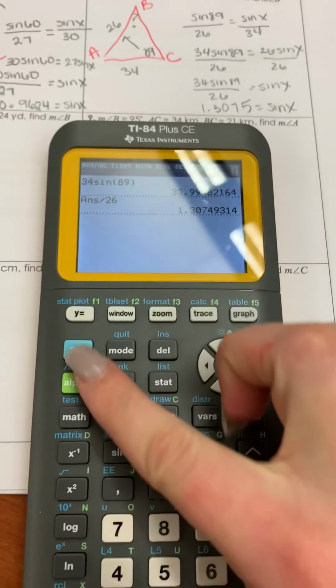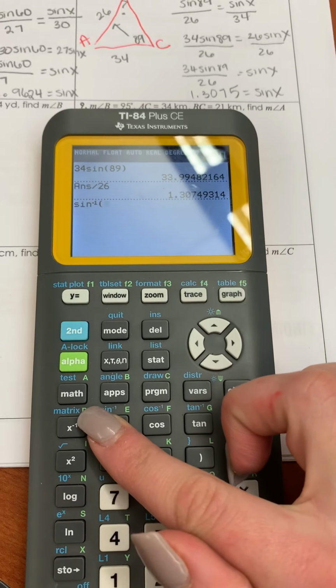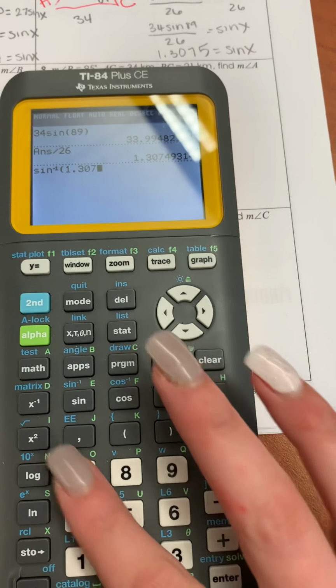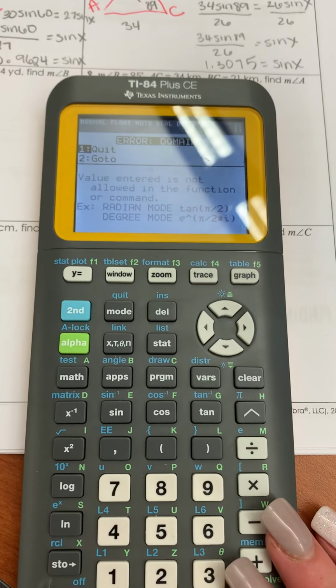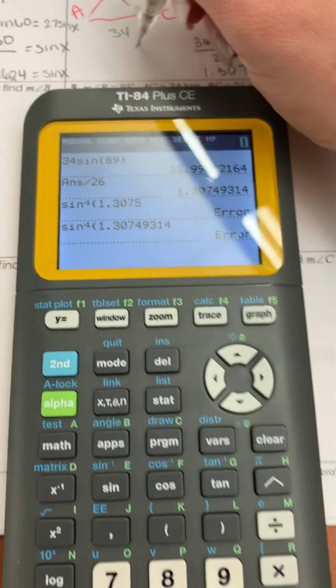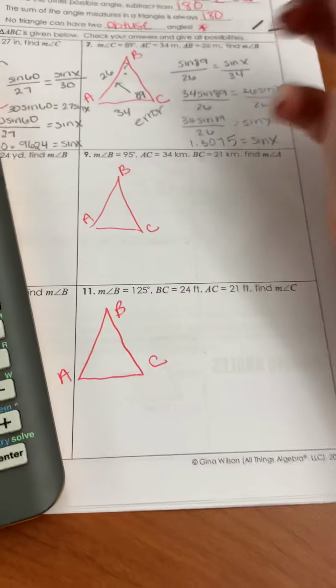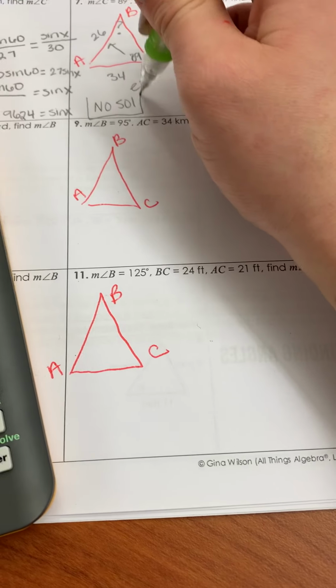So I have to do the inverse. There are two different ways you could do this. You could round the way I just did and do it like this, or you could do the sine inverse, scroll, and press enter, but it's giving me an error, which is fine. That means that this is going to be no solution. It's not possible here.